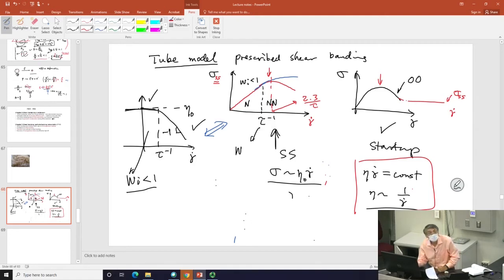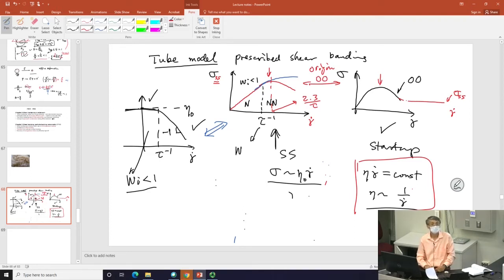The degree of over-orientation grows, and therefore the stress, the resistance, actually drops as you over-orientate more. Same origin. They share the same origin, over-orientation.